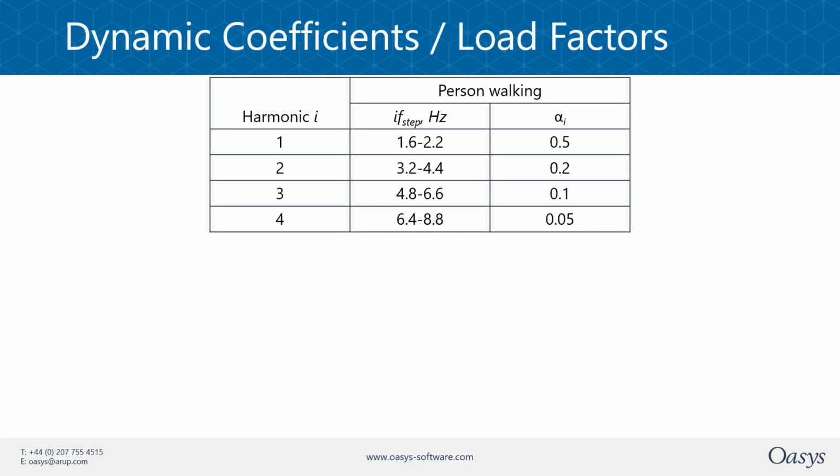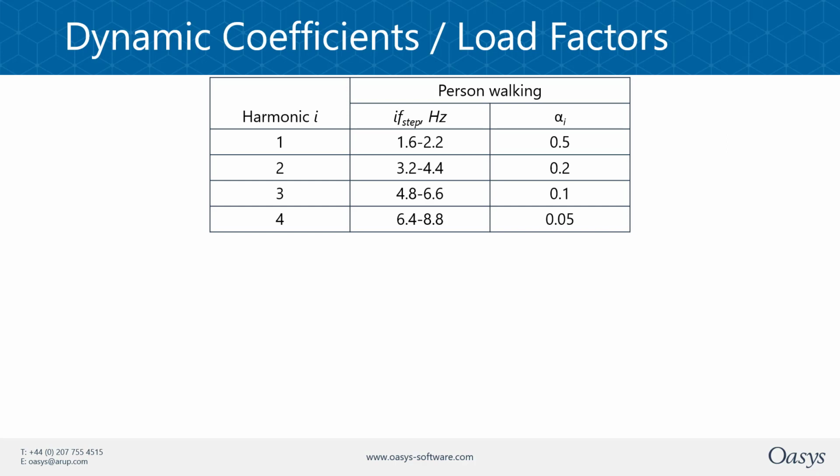To find the accelerations, we also need to calculate the force that each step generates. Now, not all the weight of the walker is translated into a force on the floor, and the design guides have recommended dynamic coefficients for calculating these forces, which you see also relate to each harmonic.